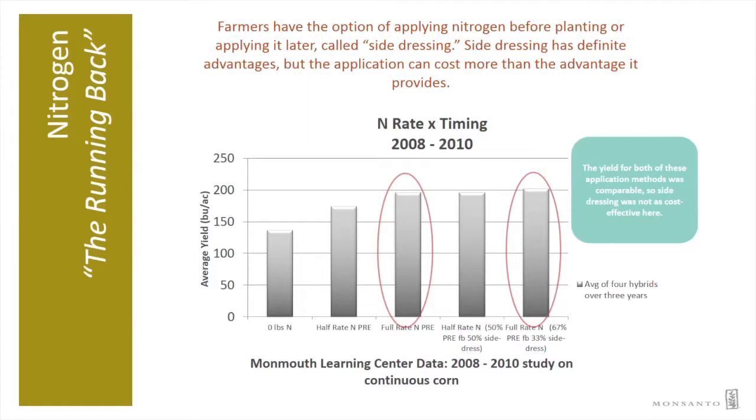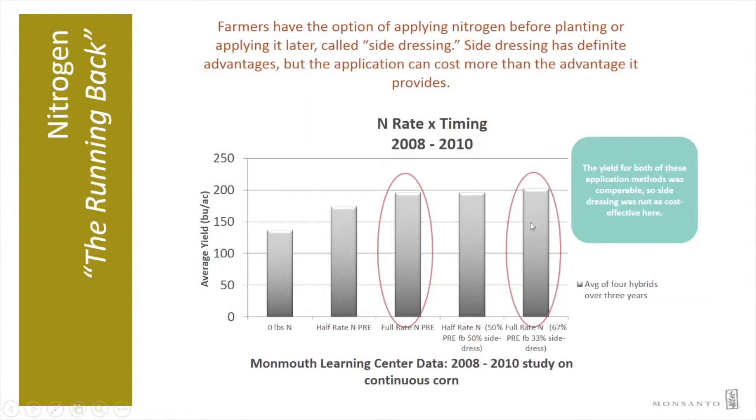If you certainly want to pay that extra application cost in the side dress, there certainly are benefits of putting it out there at a different time, but there certainly are some obstacles that you have to overcome.